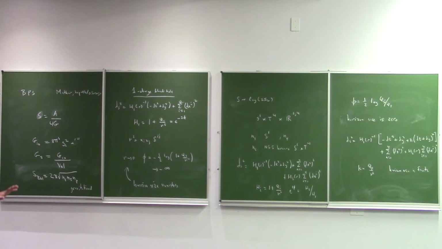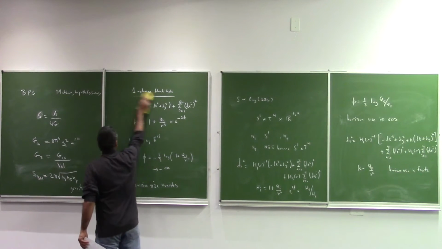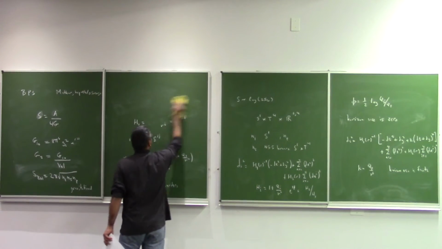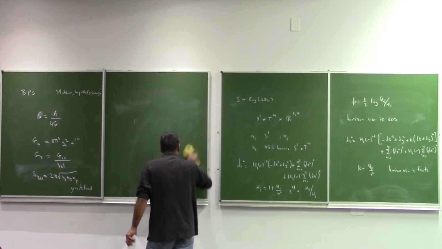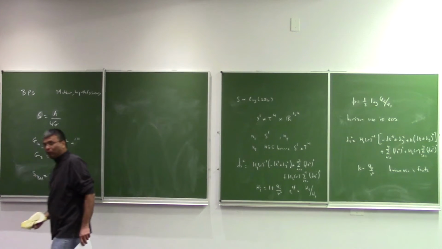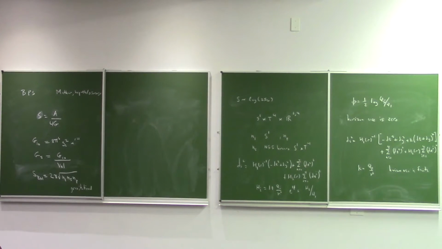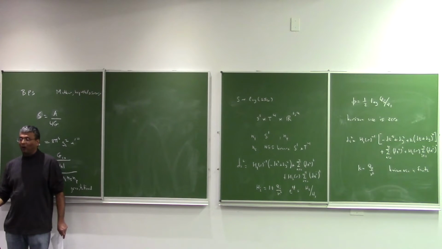So as you see, I haven't gone through any of the details, so this is just a rough story that I'm giving you. But let me make one other comment, that the black holes I'm studying in type 2a, I can equally study in type 2b by applying dualities. So 10-dimensional string theory, type 2a string theory, compactified on a circle of radius r, is the same as 10-dimensional type 2b string theory, compactified on a circle of radius alpha prime over r.